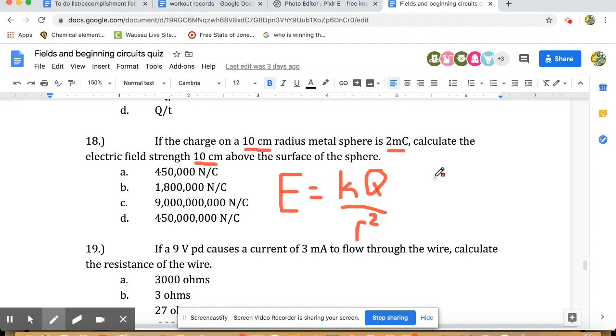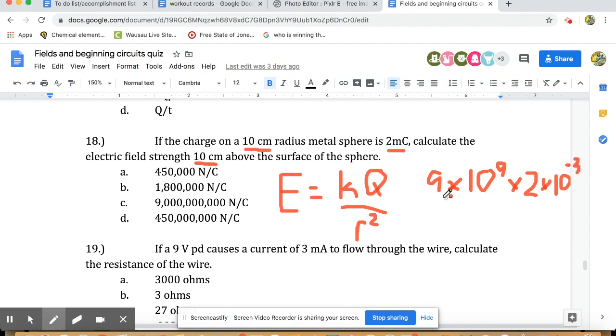Now, k is 9 billion. It's 9 times 10 to the ninth. So we're taking 9 times 10 to the ninth and then multiplying by Q, which is 2 times 10 to the minus 3, because that's what milli means. Or 0.002, if you like that better.